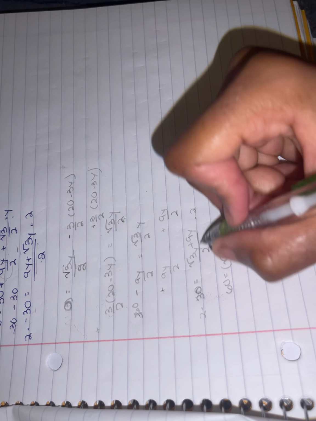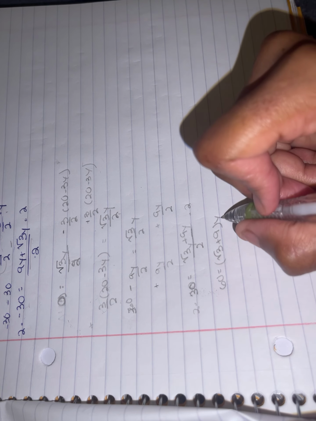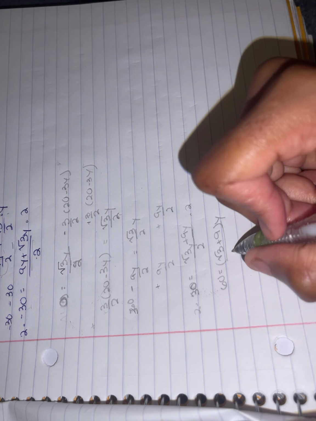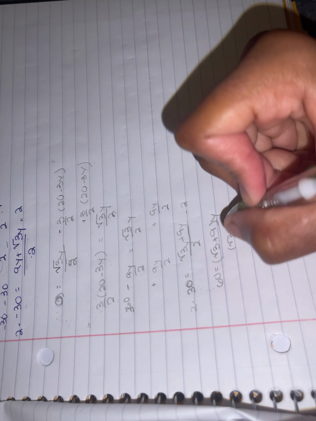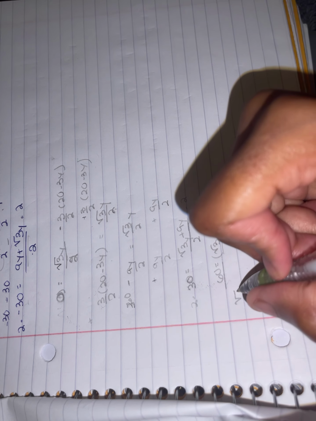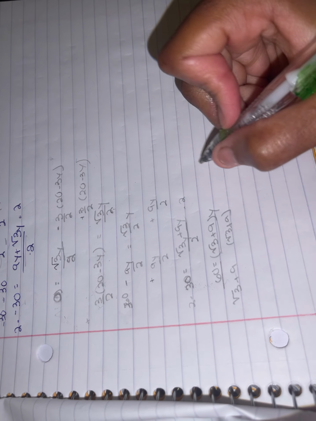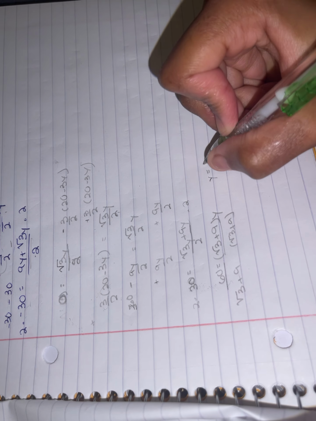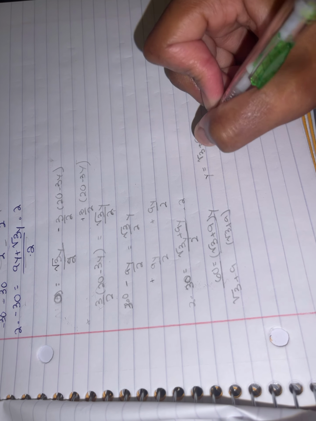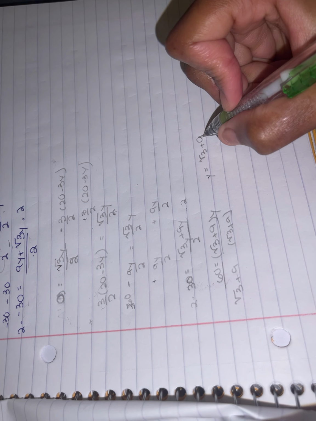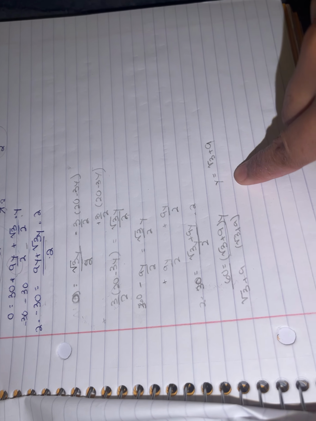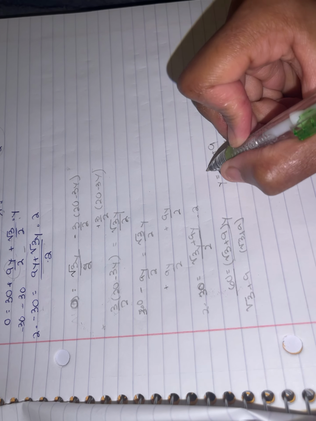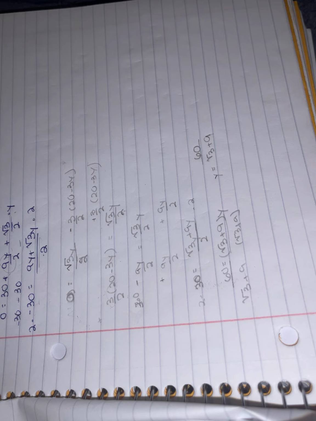And then I just took out a y, distributed a y. And then divided by root 3 plus 9. Divided by root 3 plus 9. So I have y is equal to 60 divided by root 3 plus 9.